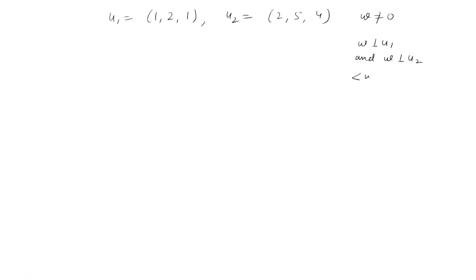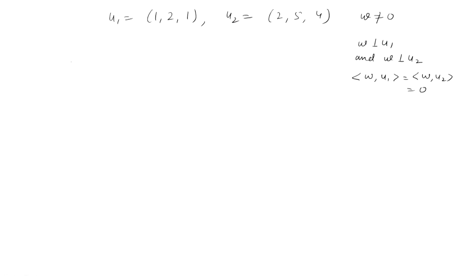That means the inner product of w and u1 and the inner product of w and u2 is equal to 0. A vector which is orthogonal to these two vectors is simply the cross product of these two. So, how to find w? You simply find the cross product of these two.